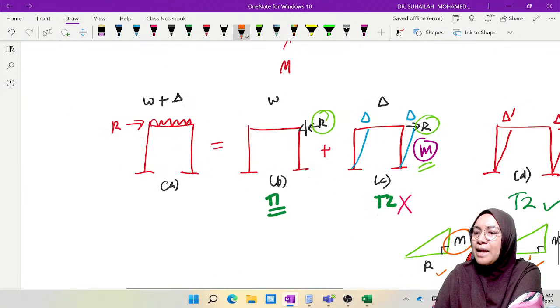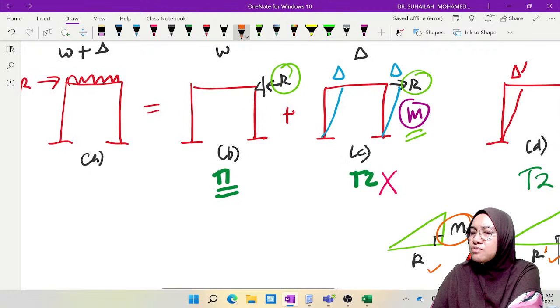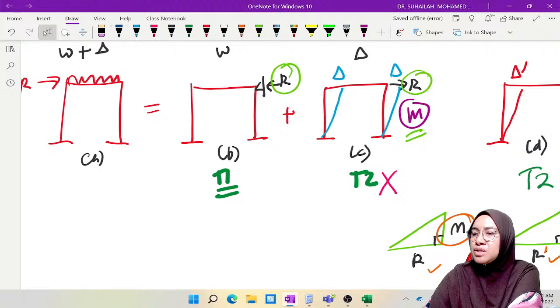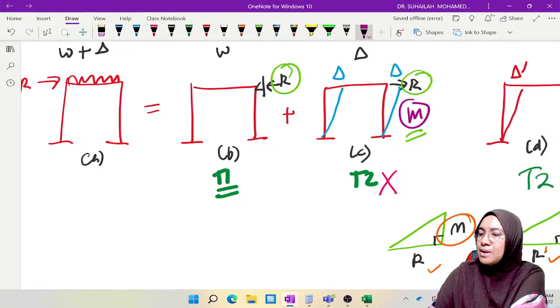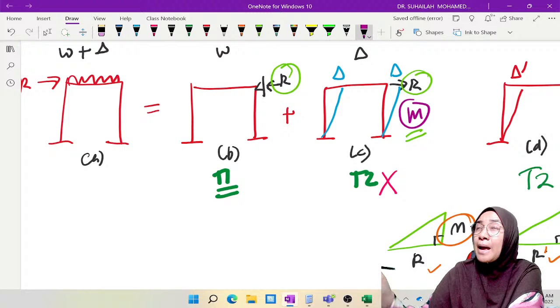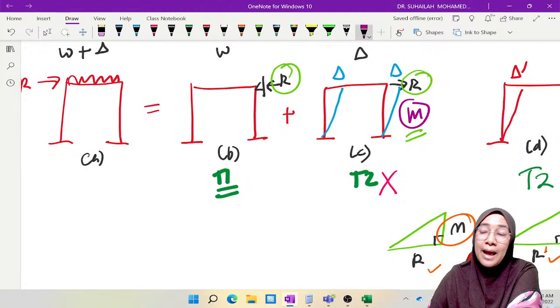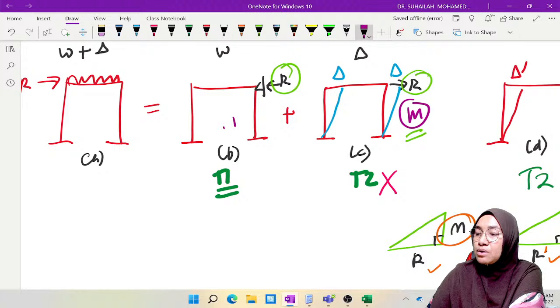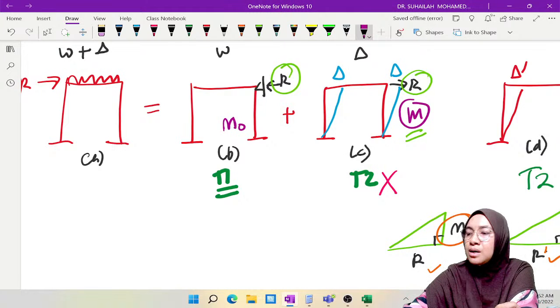By looking back to the principle of superposition, this is M prime, the table number 1. That's why I don't put M, I put M naught, so that we will not confuse. This is M naught, the label for the non-side sway frame, table number 1.